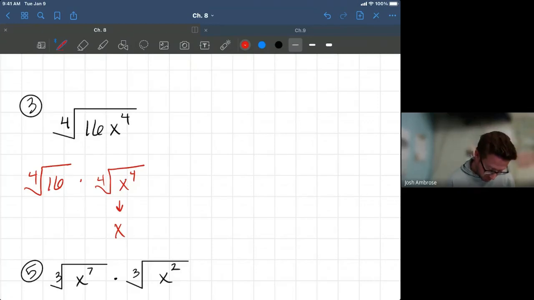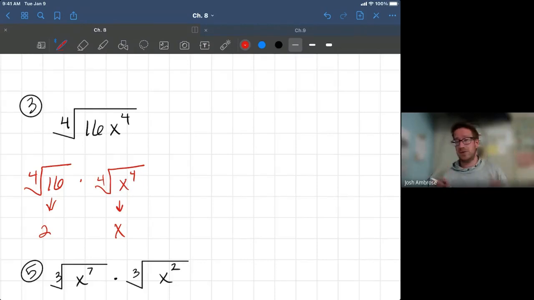Now, this right here, what you're trying to figure out is what number multiplied by itself 4 times is going to equal 16. All right? And in this case, it's going to be 2. Like I told you, always start with very low numbers. So what this means is 2 times 2 times 2 times 2 is 16. So there's 4 2's.